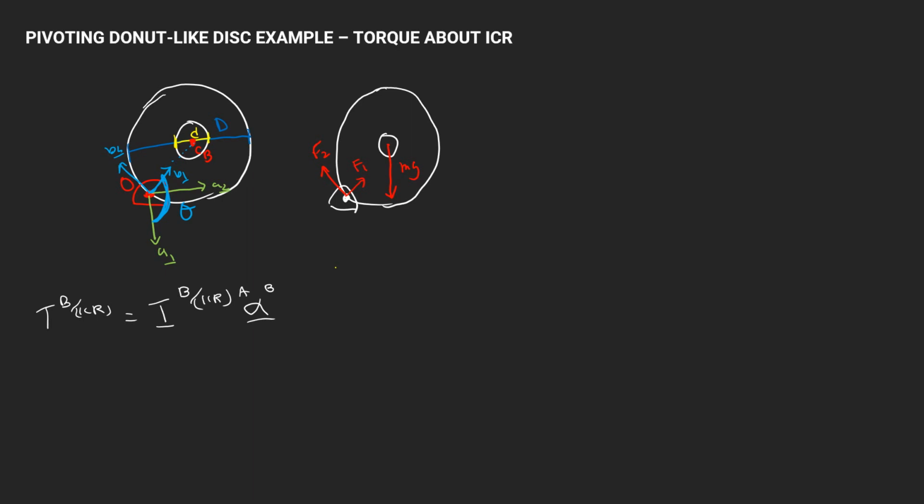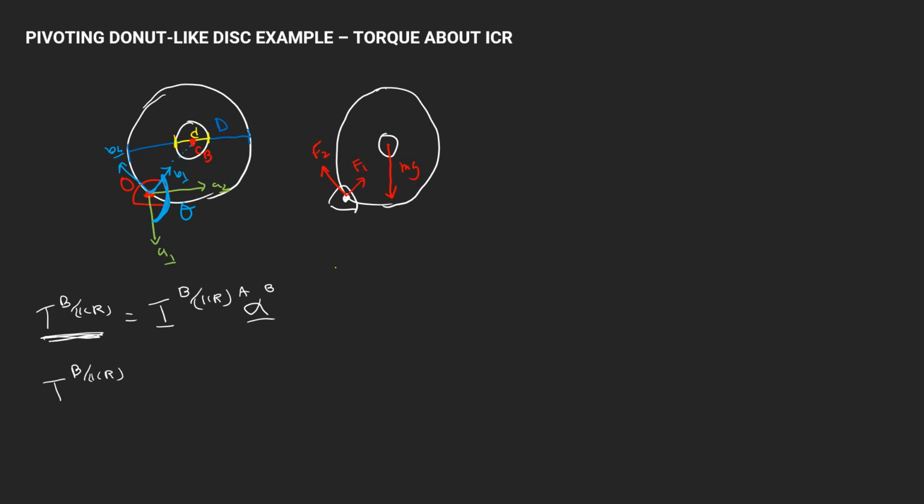Okay, so the torque, let's focus on this term here. So here we have the torque of our body at our instantaneous center of rotation. And in order to calculate this, we first have to identify our instantaneous center of rotation.